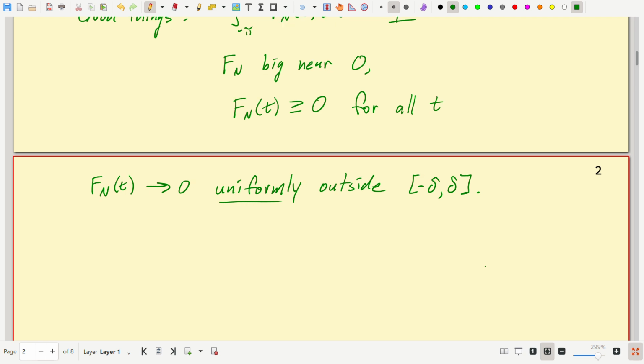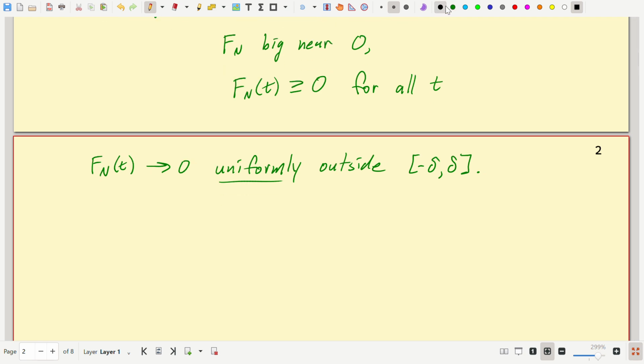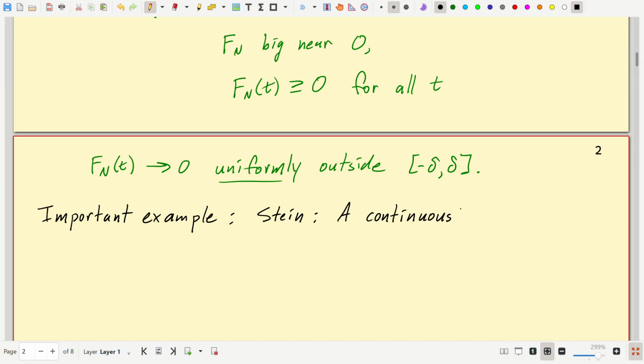Oh, by the way, I'm not going to dwell on constructing a nasty function, but Stein, an important example, you'll find it in the book, constructs a continuous 2 pi periodic function that doesn't converge at a specific point.